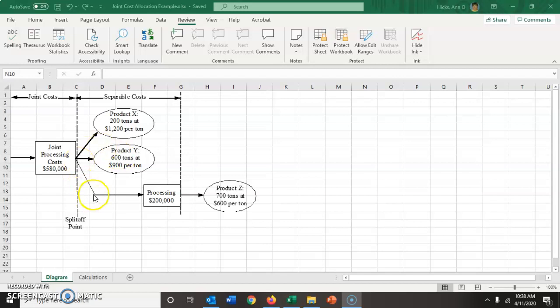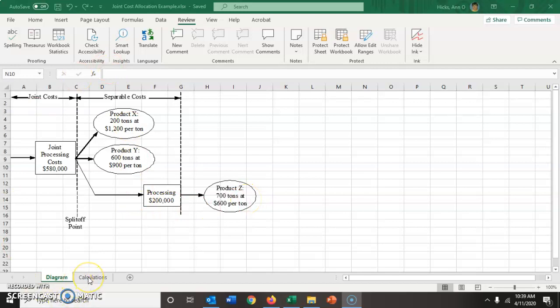And then we're going to assume for this example, and I'm going to change this for one of the calculations, that product X we don't sell at the split-off point. We incur an additional $200,000 in costs, and then we sell that product at $600 per ton. So that's the scenario.